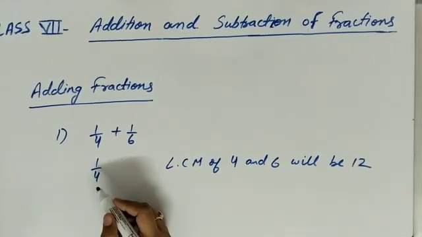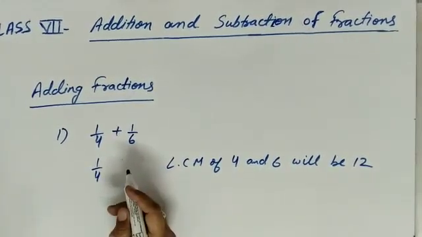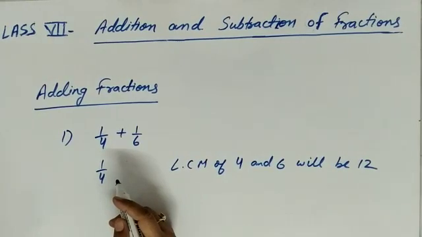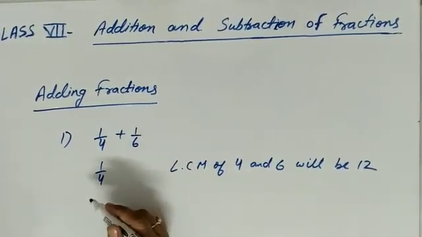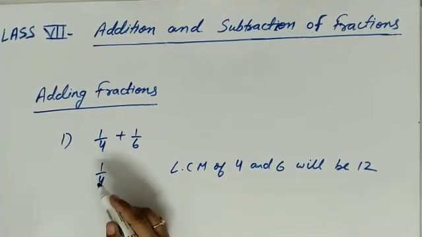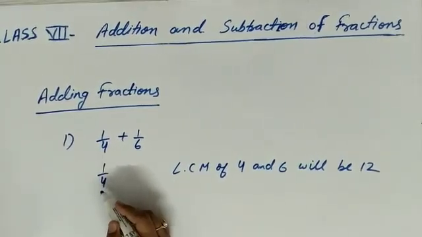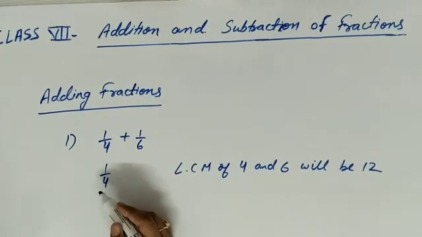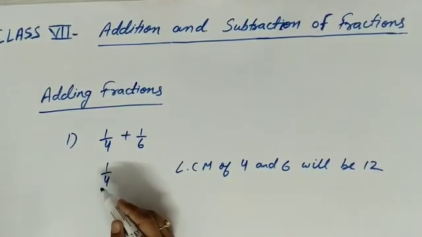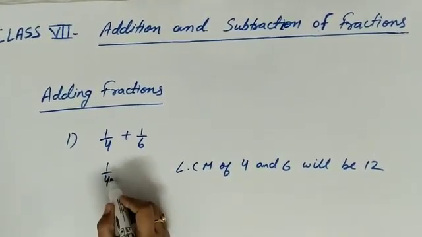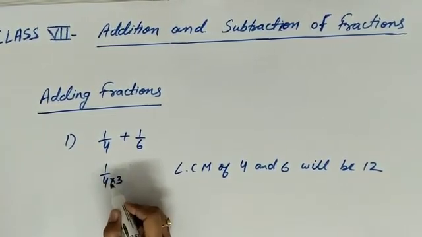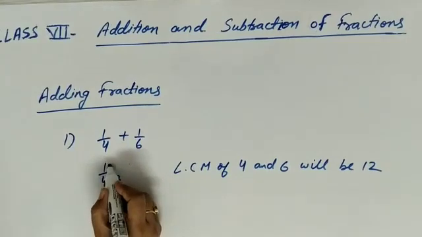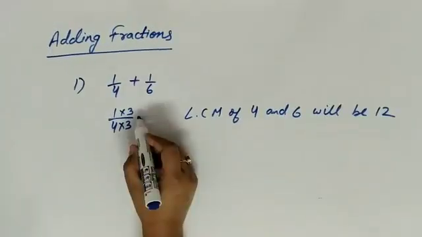We have to multiply the numerator also with the same number, otherwise the value of the fraction will change. To make 4 as 12 we have to multiply it with 3, so we multiply 4 with 3 and 1 also with 3.